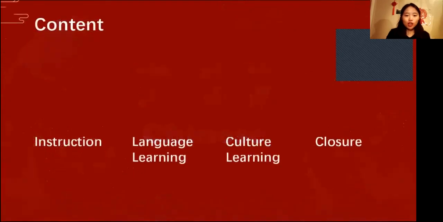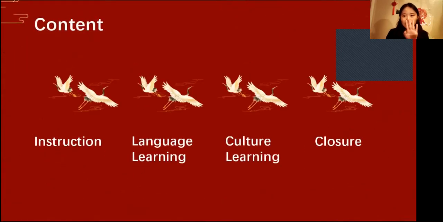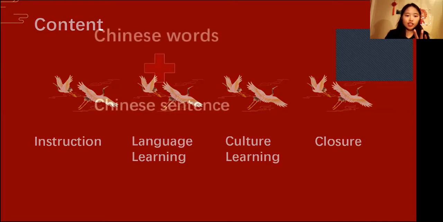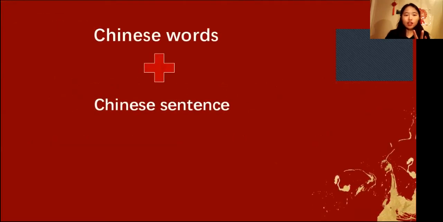This video will contain 4 parts. The first is instruction. The second is language learning, including Chinese words and Chinese sentences. We have learned some subjects before in school, right?